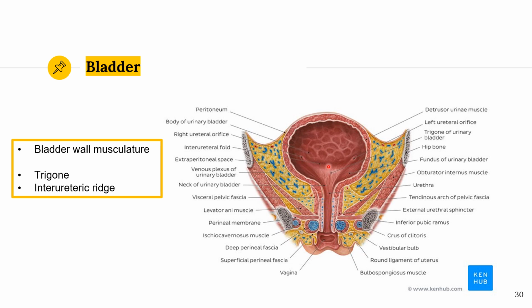The superior boundary of the trigone is a slightly raised area between the 2 ureteral orifices, and we call this the interureteric ridge. The 2 ureteral orifices, or openings, are slit-like. In an undistended bladder, they lie approximately 3 cm apart.